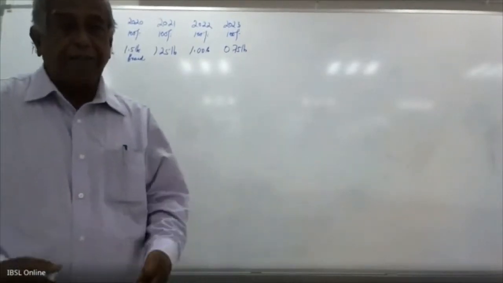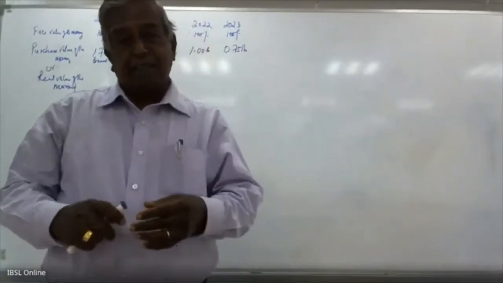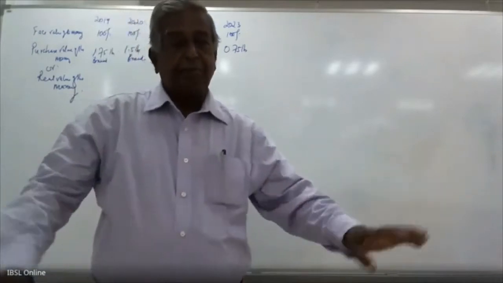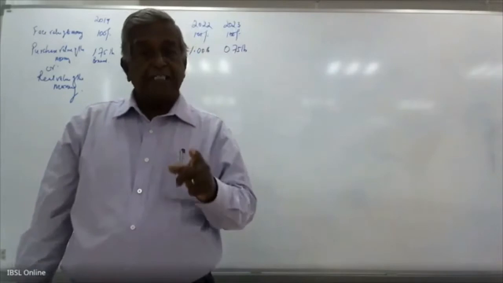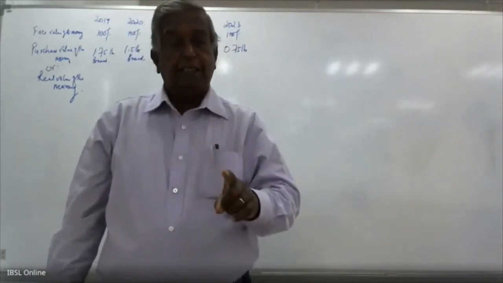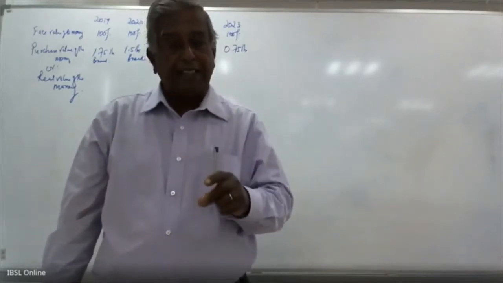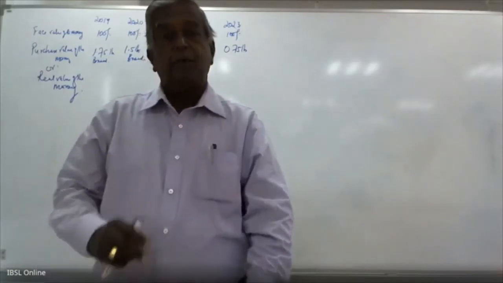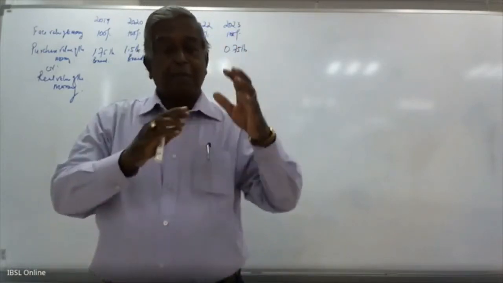So this is a common phenomenon. Everywhere it is the same, but in our country it is somewhat more. So we can say, while the face value of the money remains unchanged, the purchase value or the real value of the money is getting diminished over a period of time.